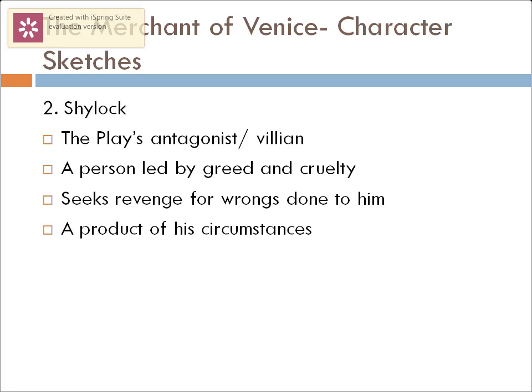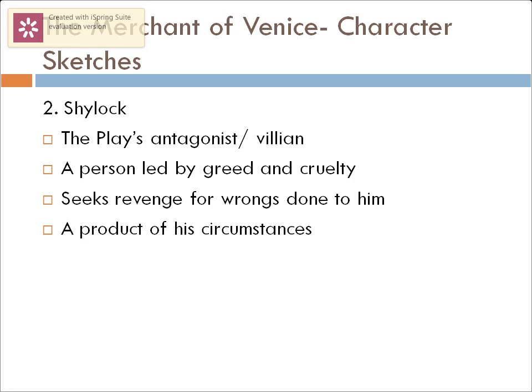Another important character and very famous person is Shylock. Though he is the play's villain, Shakespeare has taken a lot of pain to paint him. Though he's a person led by greed and he wants money, and he treats money and his daughter on the same level, and he's also very cruel when it comes to taking revenge on Antonio.